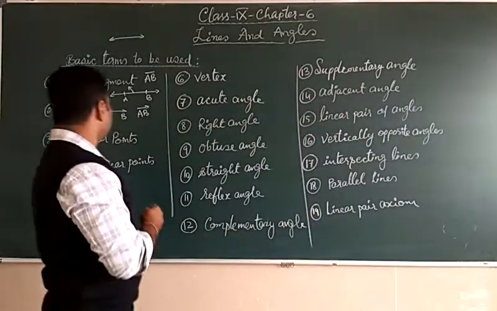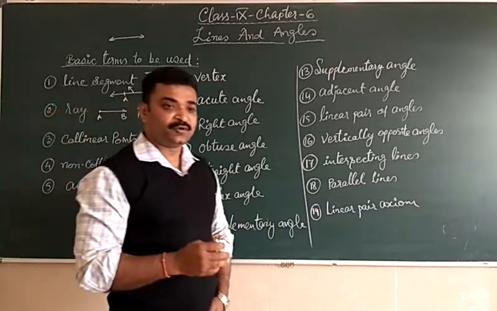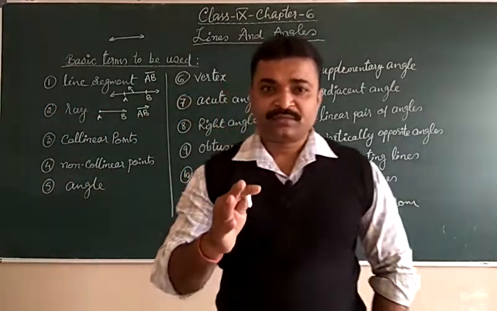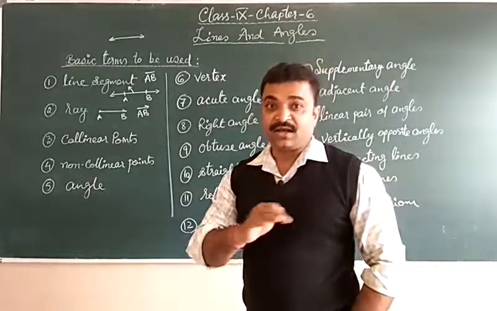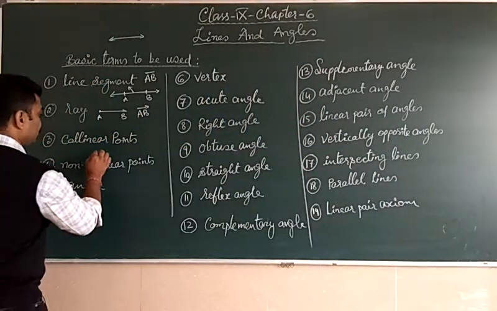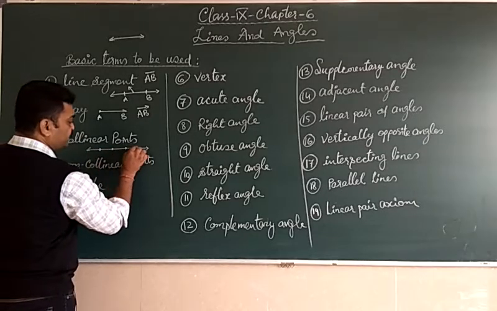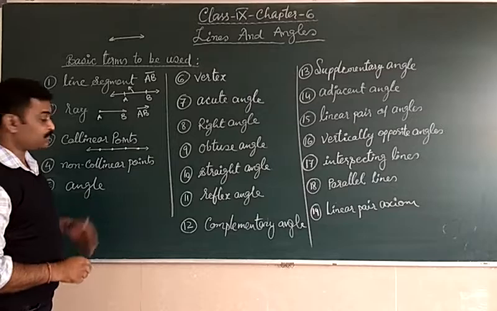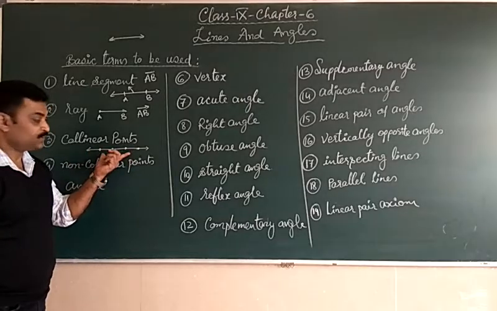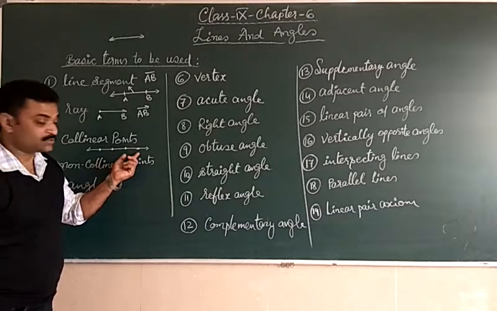Now, the next point is collinear points. What are collinear points? If three or more points lie on the same line, then the points are called collinear points. Suppose this is a line, and all these points are lying on the same line, then these points are called collinear points.